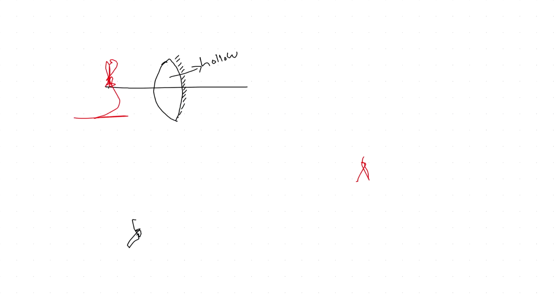So now the power of the lens will become, see, power means the formula 1 by f, that is equal to (n minus 1) into (1 by R1 minus 1 by R2). So here, n means what?